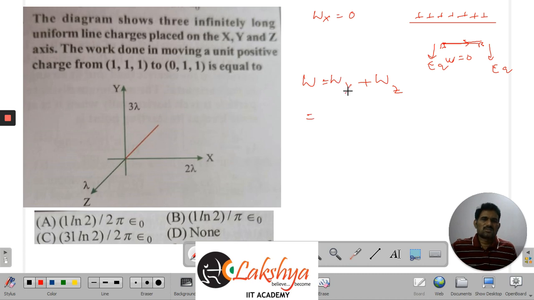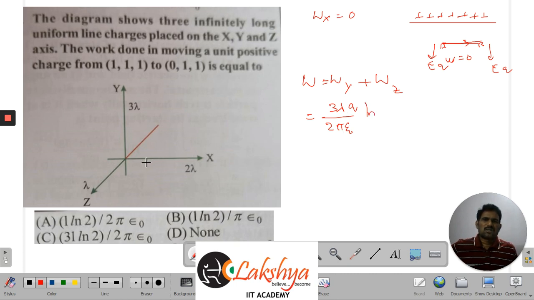Therefore I can write this expression as the work done along this axis, same as in our previous calculations. It is 3 lambda by 2 pi epsilon naught into q into ln r2 by r1.